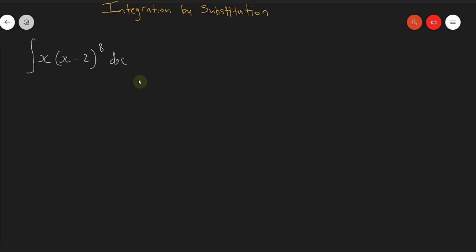Now, looking at this, it's similar but not the same as our first problem, because in our first problem we said that, okay, based on what we did before, we would let u equal to x minus 2, and if we found du dx, we would get 1, therefore du would equal to dx.